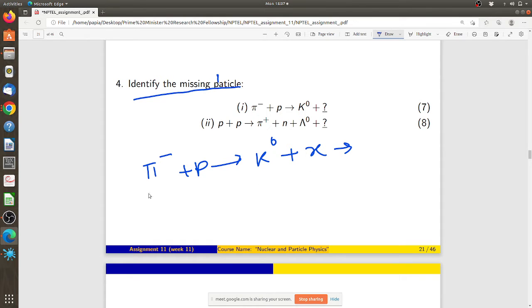So what should we do here? Identifying the missing particle is like that previous second question, where 2 questions were there. The first question was: is it allowed or not? And then: what is the type of that interaction?